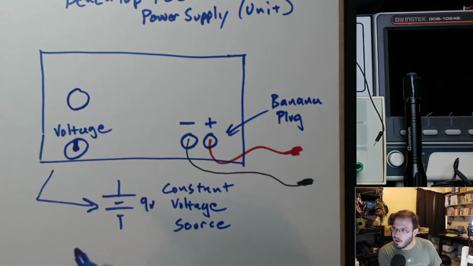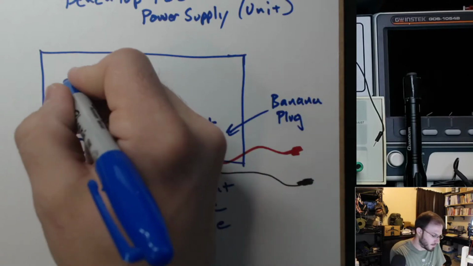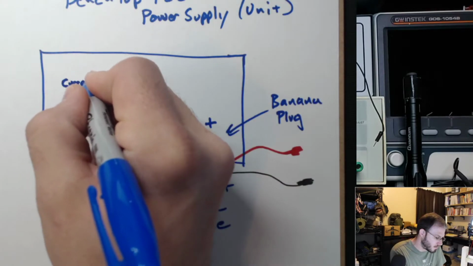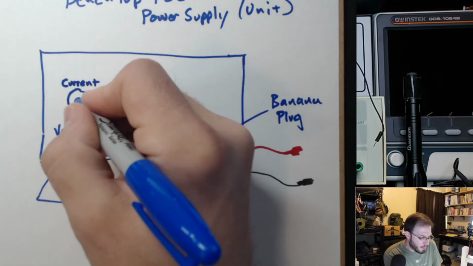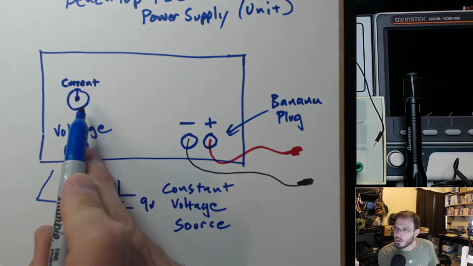There's also another knob that says current, and I think this is a giant source of confusion. Okay, they put this knob over here on current.